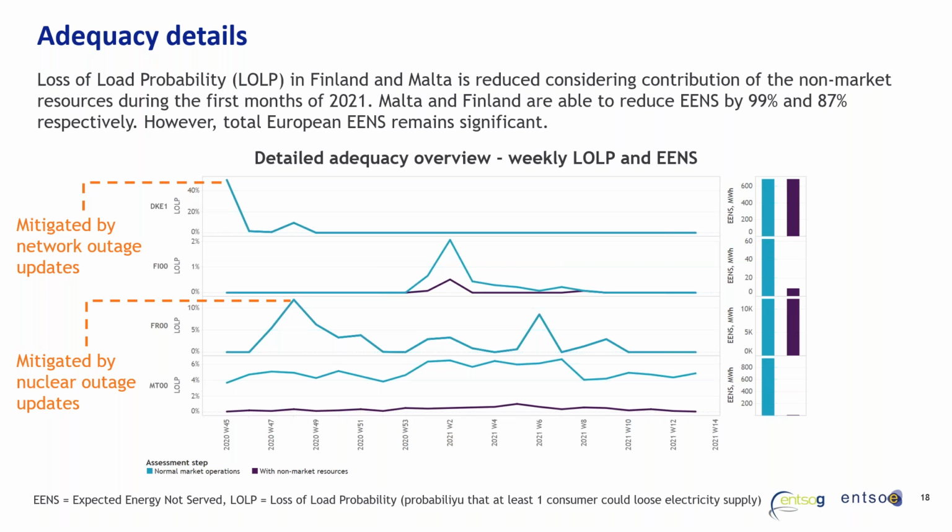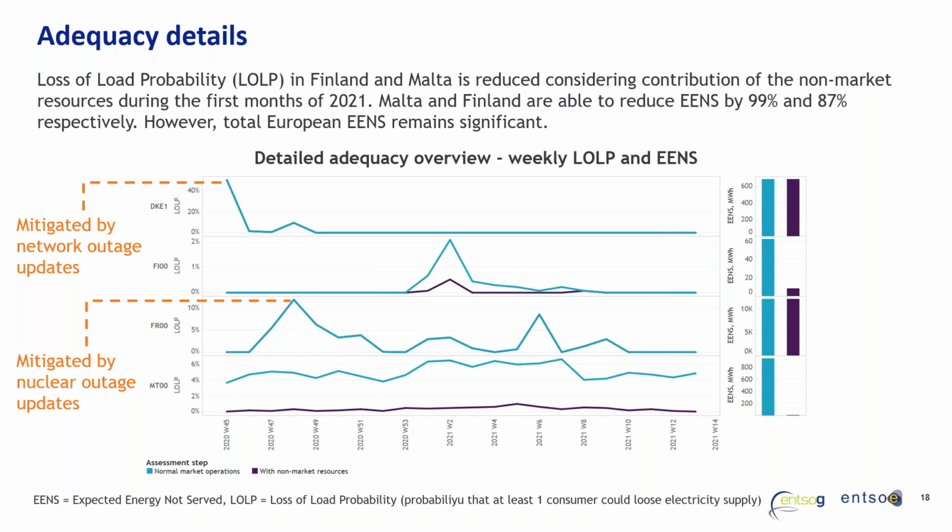So we observed those risks, and they were mitigated by rescheduling some network outages and giving access during those weeks to the Denmark western part. We are transparent and we show what kind of risks we identified. But on the other hand, those risks were of course mitigated by the TSO.